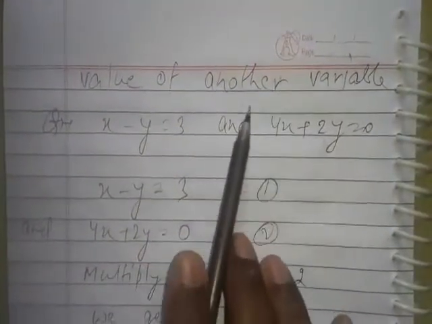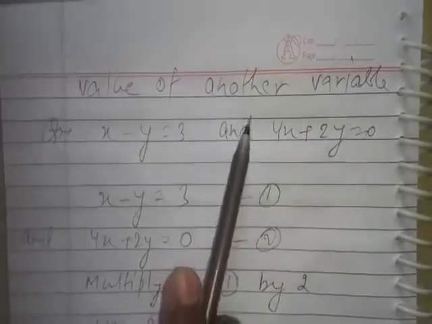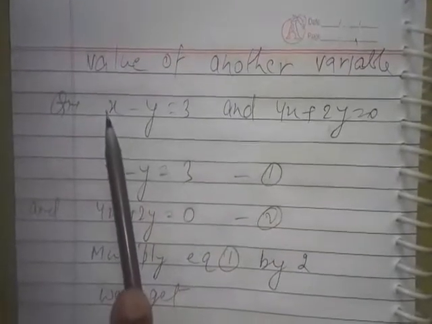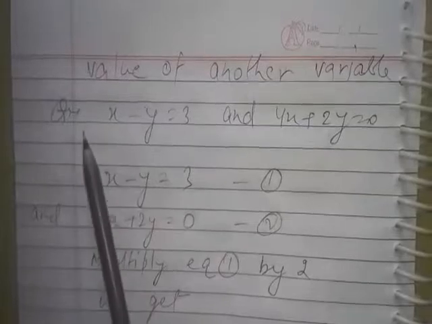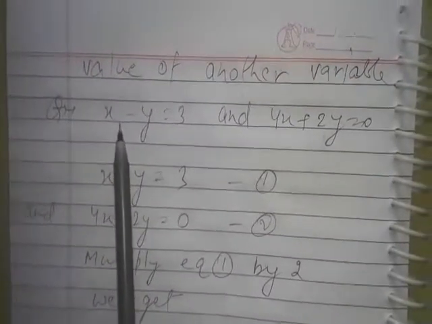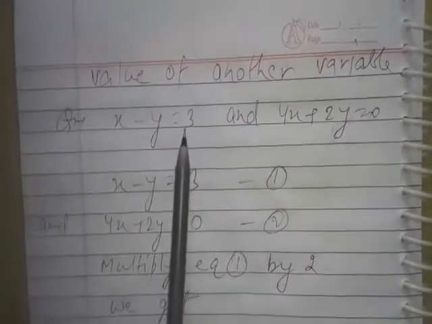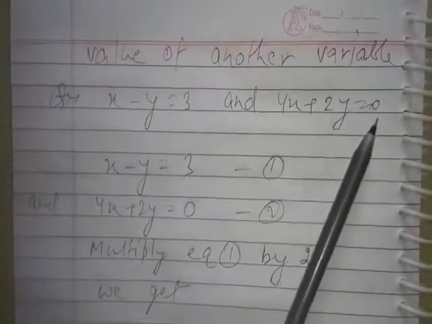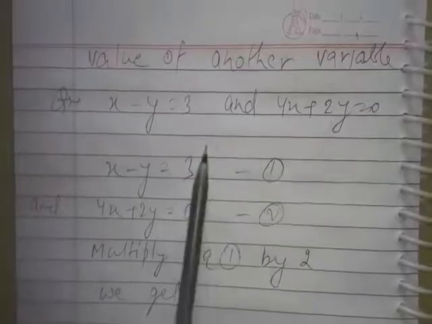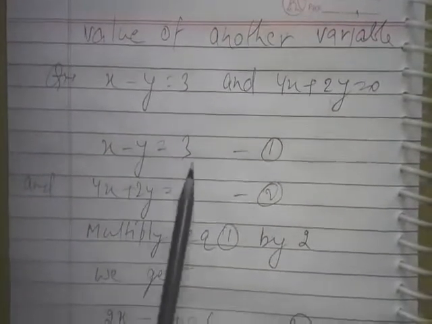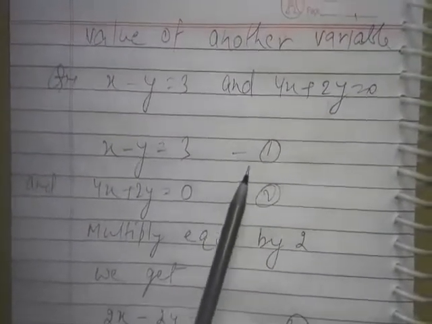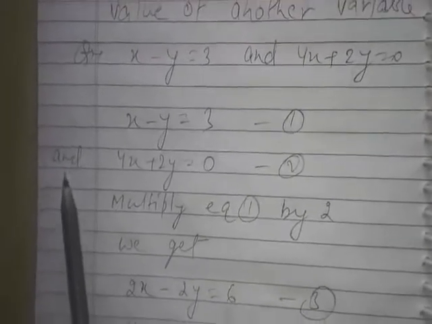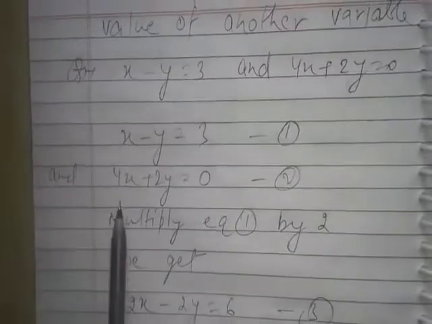This elimination method will be clear to you with this question which we took earlier for the method of substitution. The question is x minus y is equal to 3 and 4x plus 2y is equal to 0. These are the two equations which we have taken. In equation number 1, x minus y is equal to 3, and in equation number 2, it is 4x plus 2y is equal to 0.